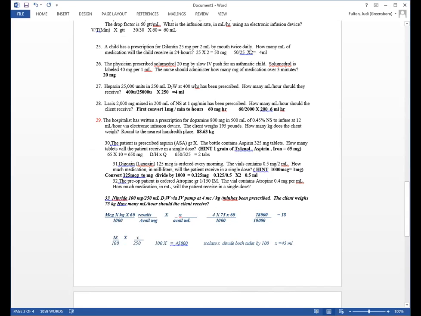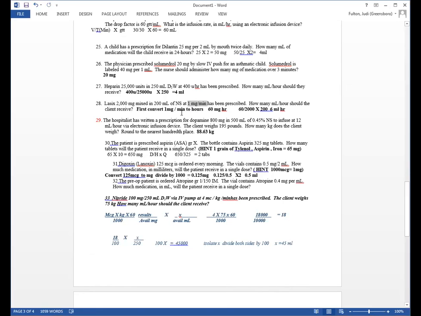Lasix. Let's look at what they're asking. This one, there are a few steps. It's the same math, but it's pushing you a little bit further. It's asking: Lasix 2,000 milligrams in 200 milliliters of normal saline, and 1 milligram per minute has been prescribed. How many milliliters an hour is the patient going to get? So first, we've got to convert this to hours.